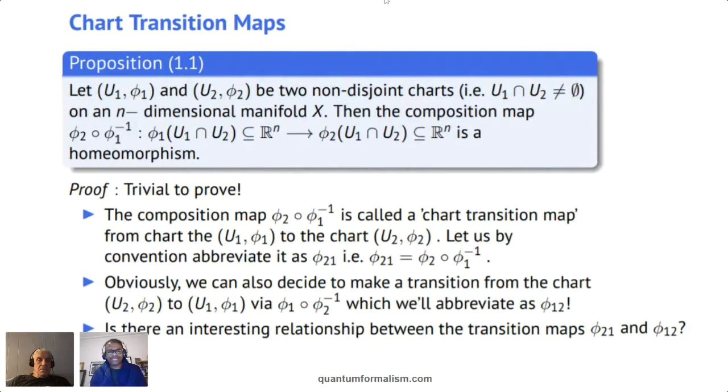Now, I'll just ask, you can answer this, by the way. Can anyone see what this concept of chart transition is trying to encode? What is this trying to formalize? A very intuitive notion. If you cannot, don't worry, because in the next slide, where I have graphics, you will probably be able to see.